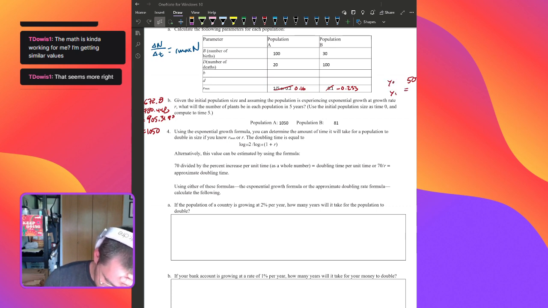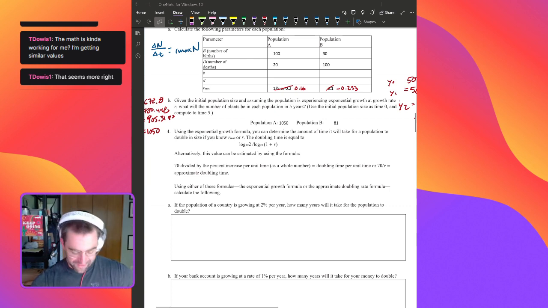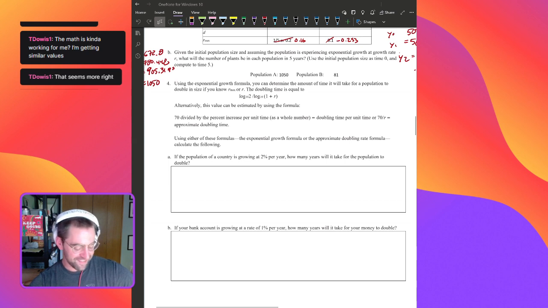Year 1 was that sum, which was 580. And then year 2 was 580 plus the sum of 580 times 0.16, etc. Which is a slow way to do it, and it worked. And I need someone, I need an adult, someone who's better at this than I am to teach you all a smarter way to do that.